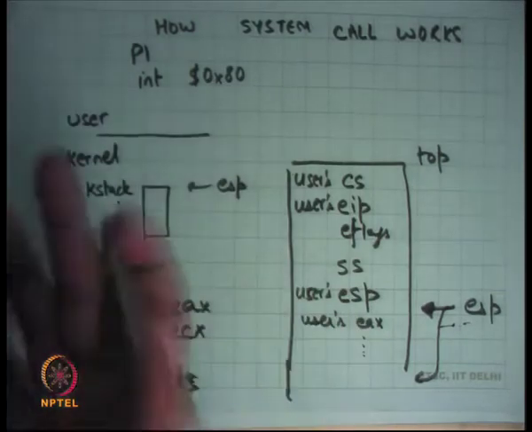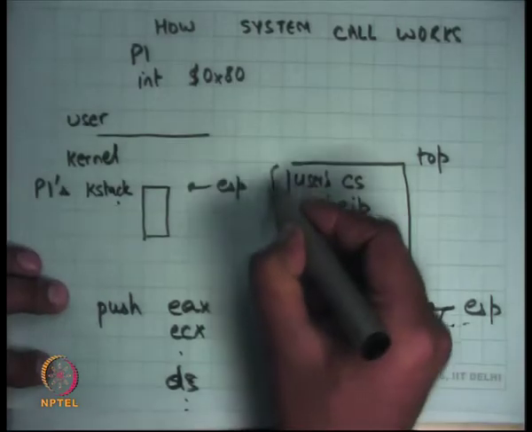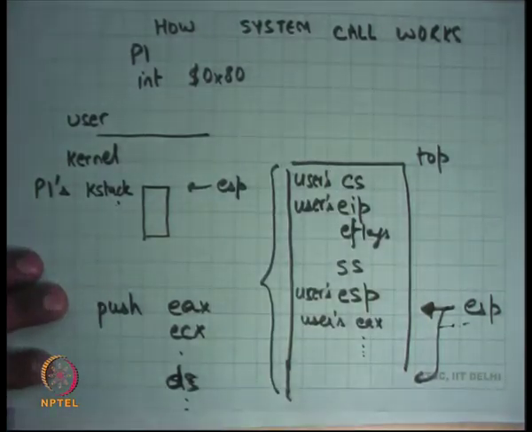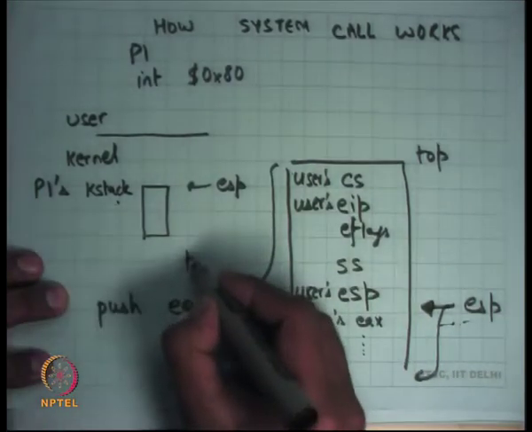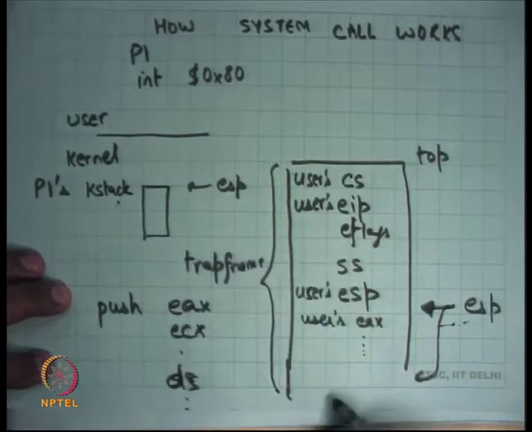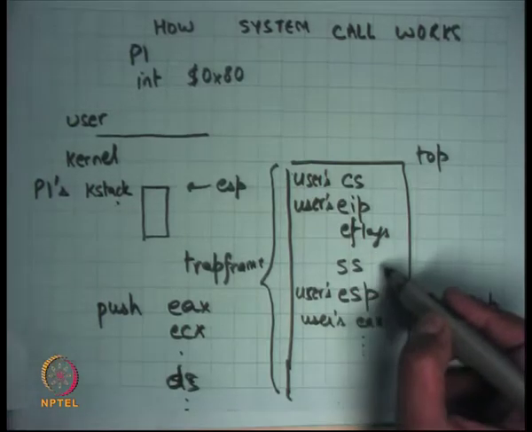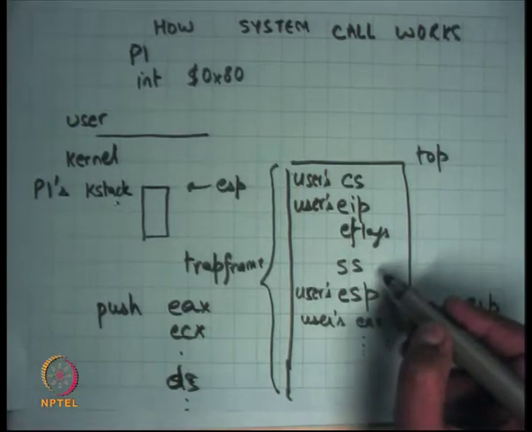The kernel stack is a nice place to save all this information about the values of the user registers at the time of the interrupt instruction. This entire structure is called the trap frame. It contains all the registers saved by the handler, and all the registers saved by the hardware.